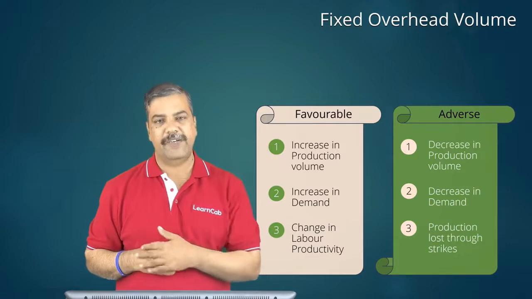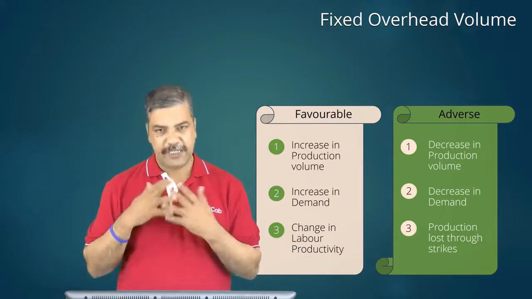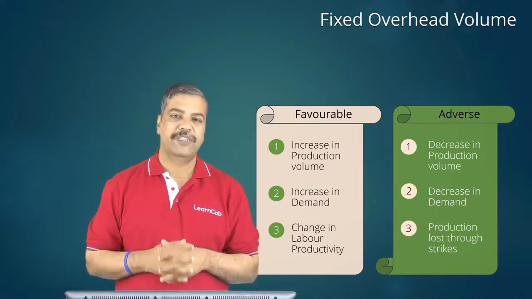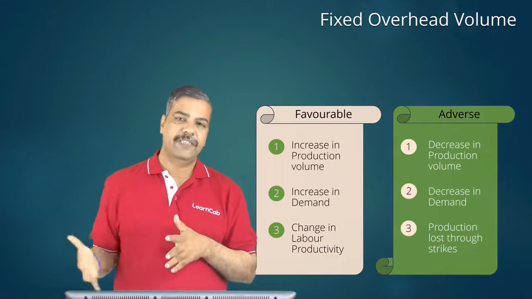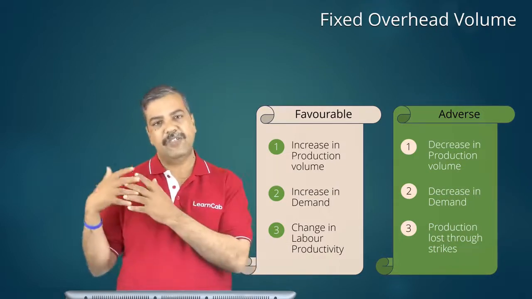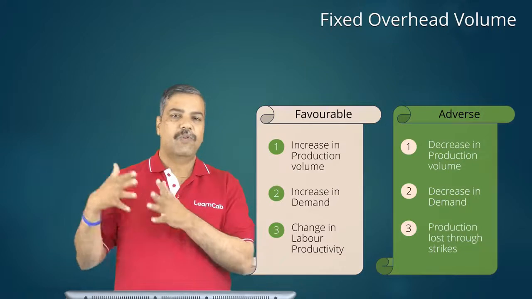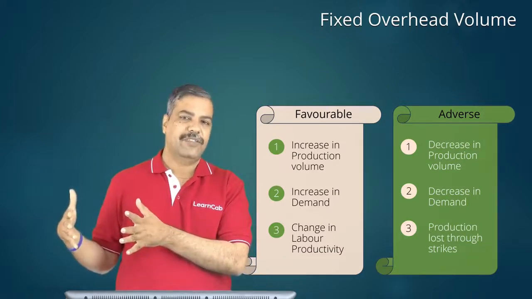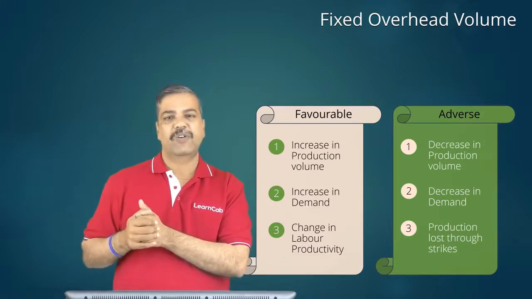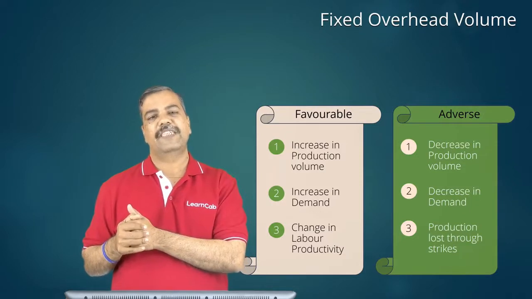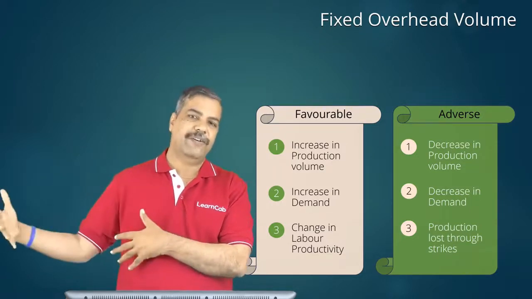It is a favorable balance here. Then what about the adverse effect? The adverse effect is if production is lost through strike. That means you need to wait for some more days in order to recover the fixed cost which you have incurred. The more time you lose because of strikes and other reasons, the more the chances that your fixed cost recovery gets deferred over a period of time.